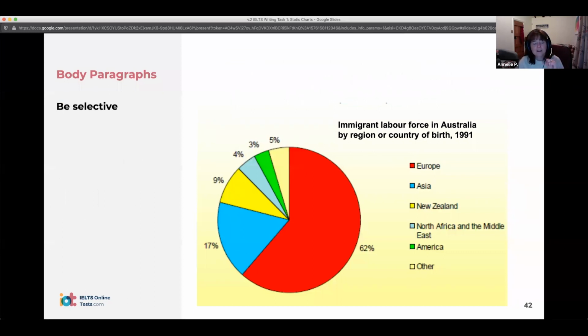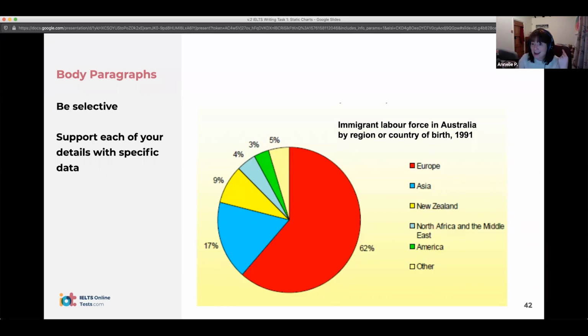Okay, so let's look at this in a bit more detail. So again, as I was saying before, with the static chart, sometimes you have a lot of numbers. So you do need to just be selective. What are the ones that stand out? And you have to include the numbers. So basically, and this is true with both the timeline graphs and the static charts, you've got two things you need to include.